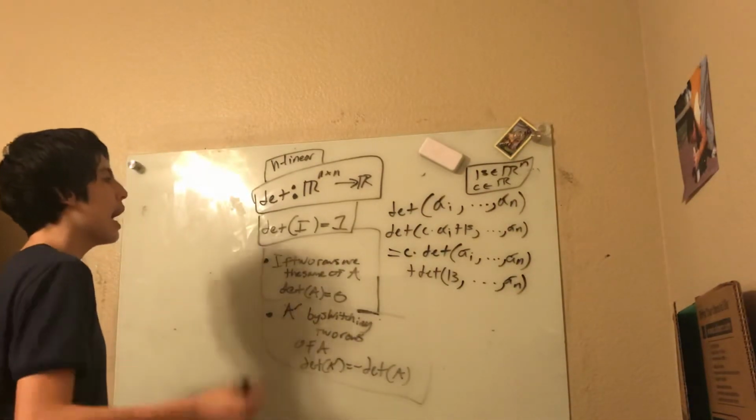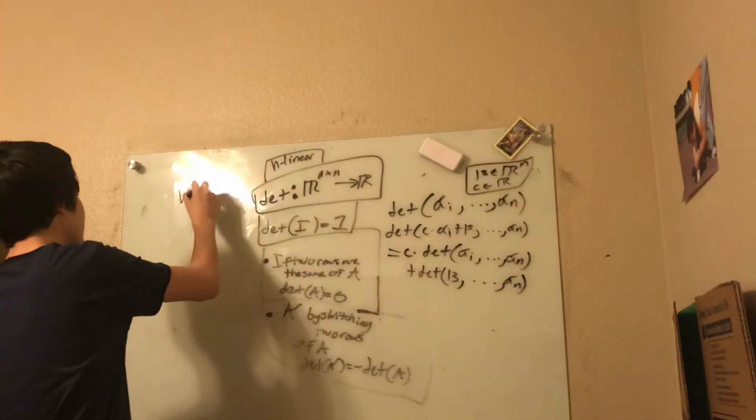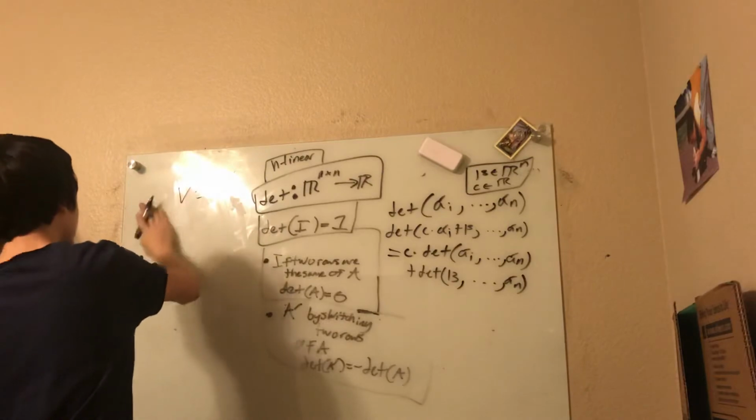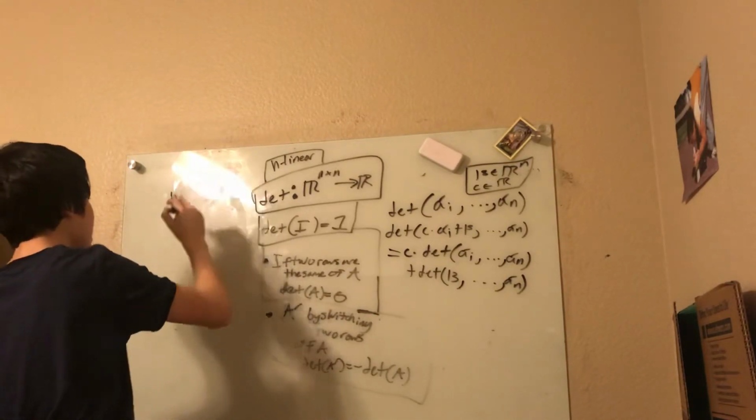So notice how when we say vector space V, W is a subspace of V, right?